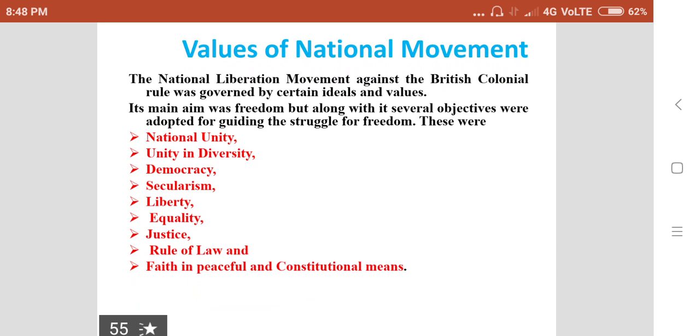First, values of national movement. The national liberation movement against the British colonial rule was governed by certain ideals and values. Its main aim was freedom, but along with it, several objectives were adopted for guiding the struggle for freedom. So these were listed.